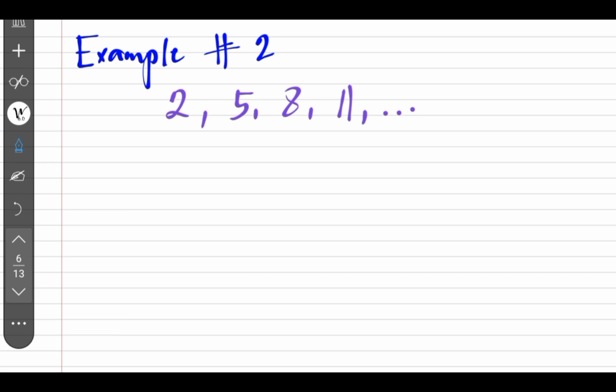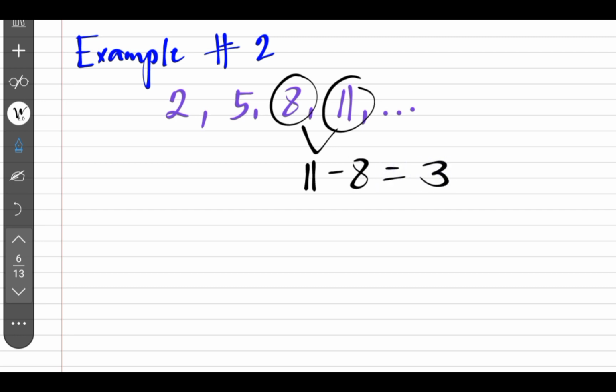Now, let's have the second example: 2, 5, 8, 11. What do you think? Is it an arithmetic sequence or not? 11 minus 8 is equal to 3. Next, subtract 5 from 8. 8 minus 5 is equal to 3 also.